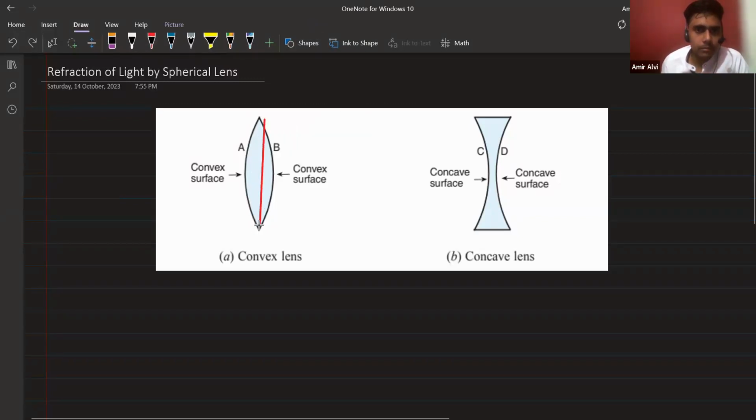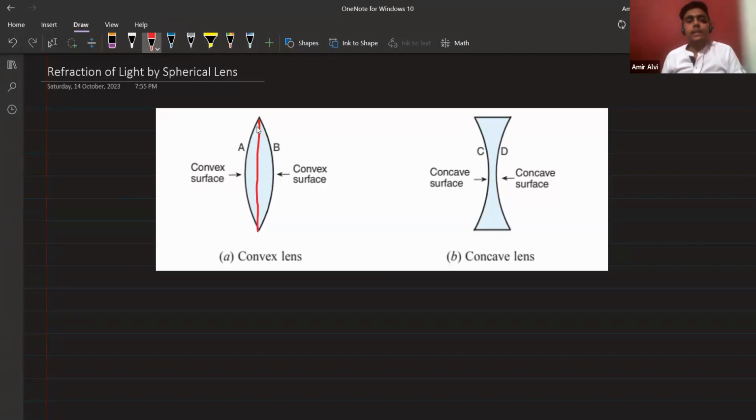Let me draw it free-handedly. Suppose it's a straight line. You can see that the bulky surface is outside, exposed to the ray. Yes or no? So it's a kind of convex. That's why the word convex has been used.